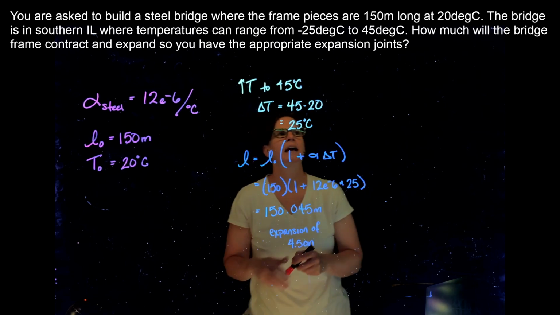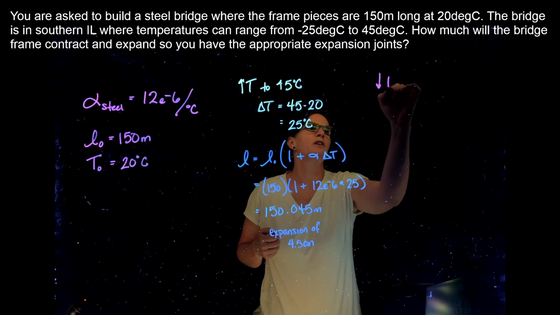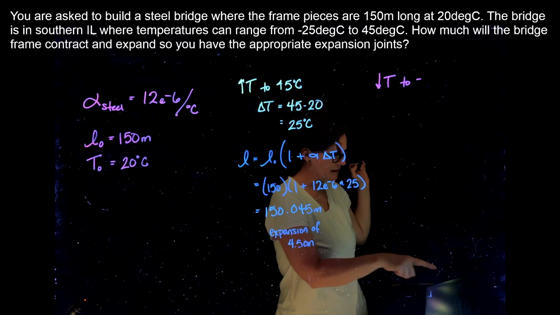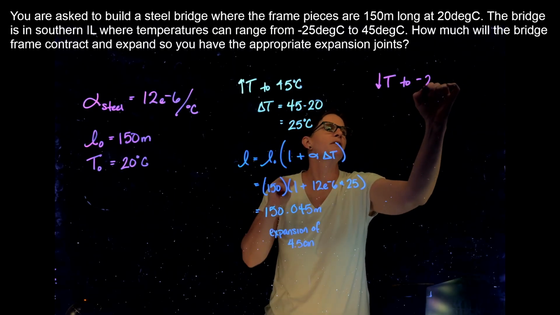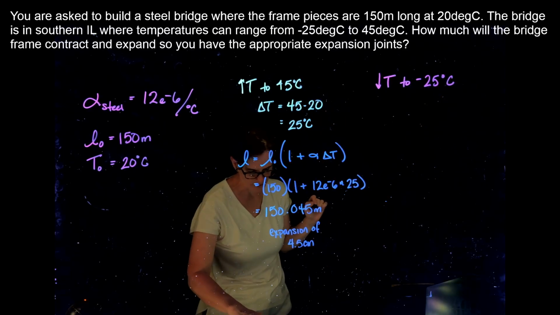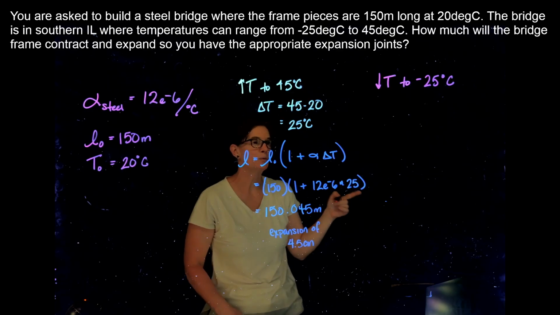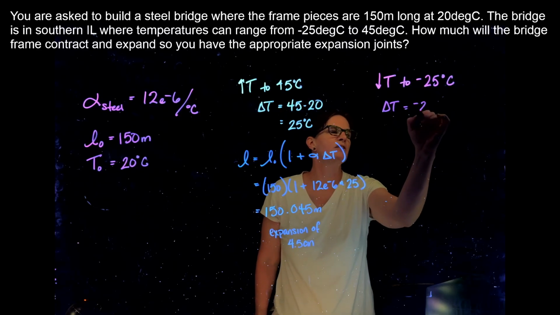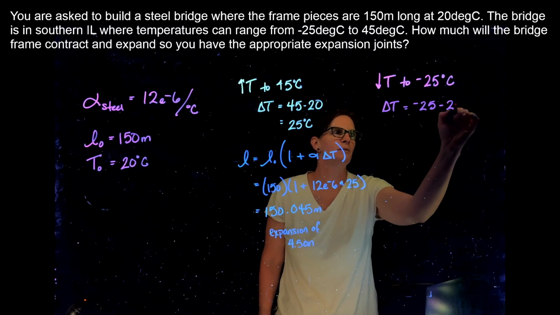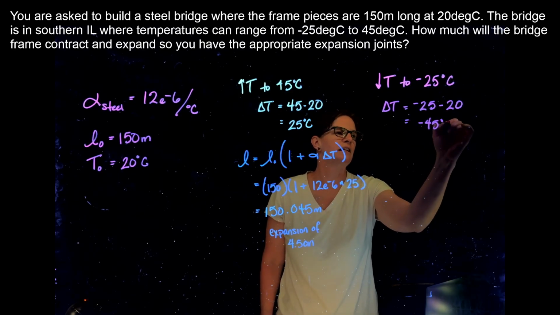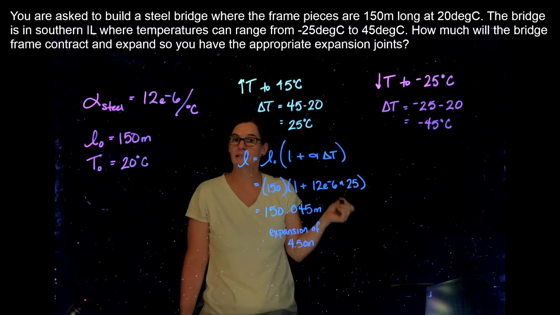What happens when I decrease my temperature to minus 25 degrees Celsius? Okay? When I decrease my temperature to minus 25 degrees Celsius, my change in temperature is minus 25 minus the original 20, and I get a minus 45 degree change. And I do the same thing.